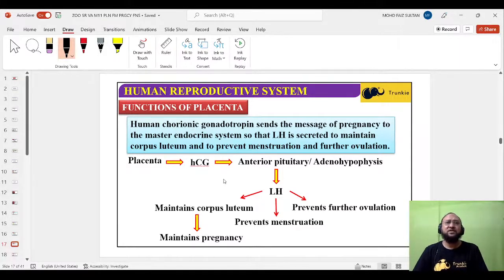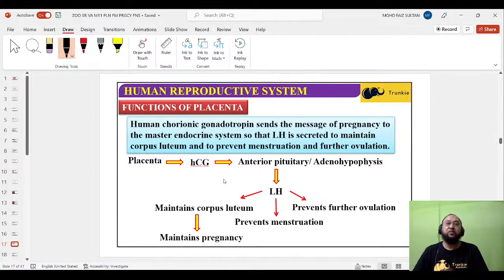So this placenta is secreting human chorionic gonadotropin, HCG, and it gives a signal and sends a message to the anterior pituitary. The pituitary gland is the master gland. The anterior pituitary is also called adenohypophysis.